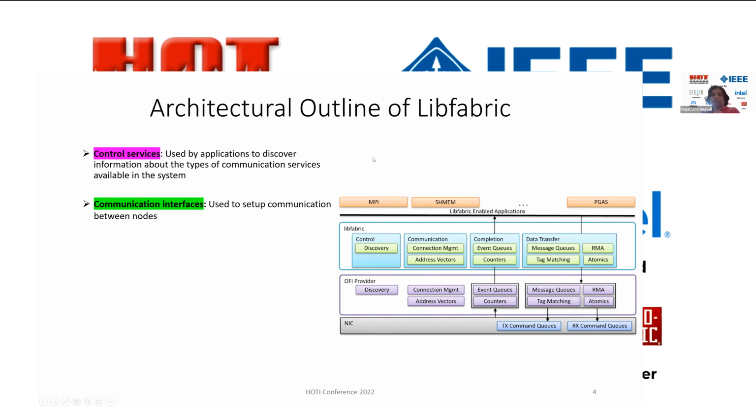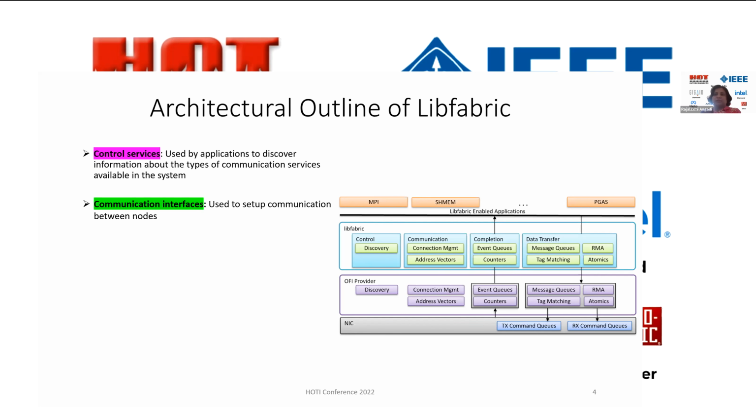Next, we have communication interface. This is used to establish connection between the endpoints, and it does that with various connection management APIs. Like we can have connect, bind, listen, accept. Later in the examples, you will see what these different connection management APIs are. Along with that, it also caters for the unconnected and the connection-oriented services.